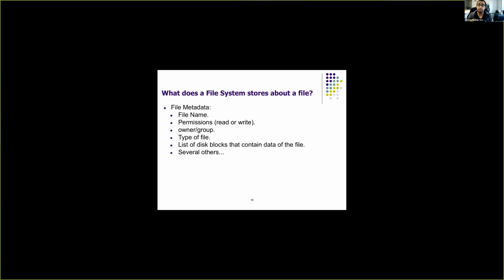It is the data maintained by the operating system in addition to the data that is stored in the file. The file data is stored in data blocks, or disk blocks. However, file metadata is the additional overhead, or management data, that a file system stores about a file.